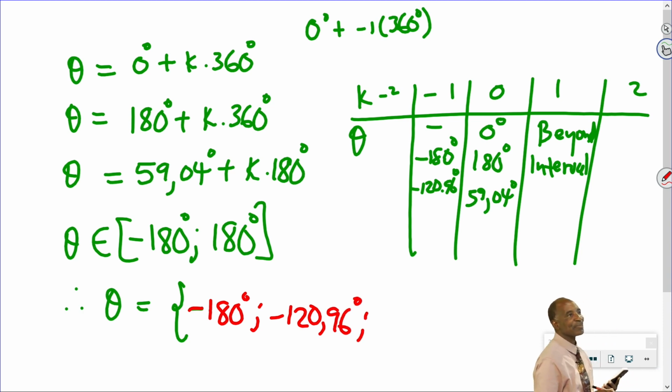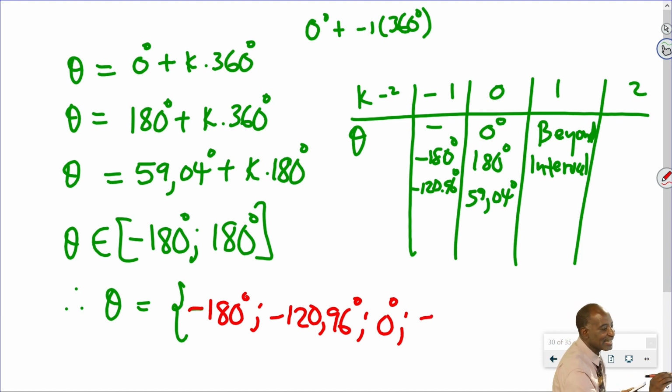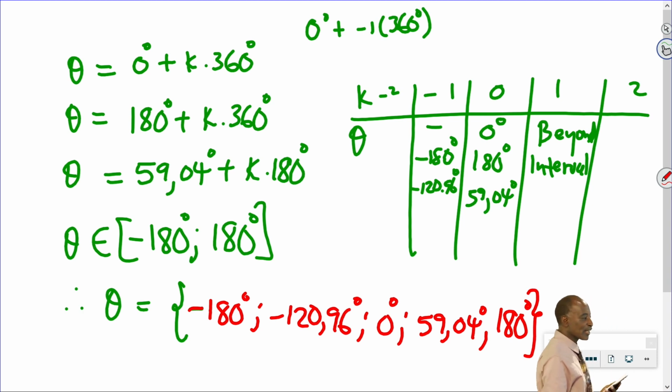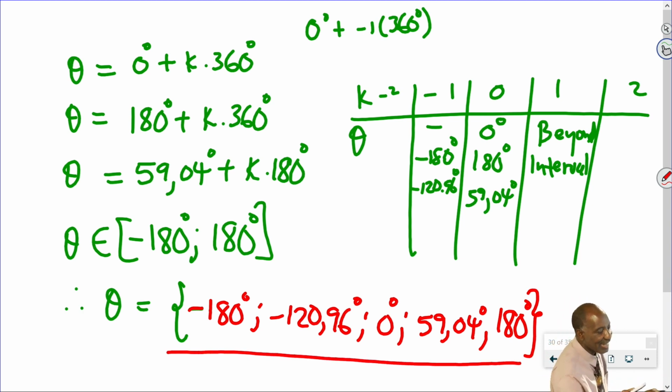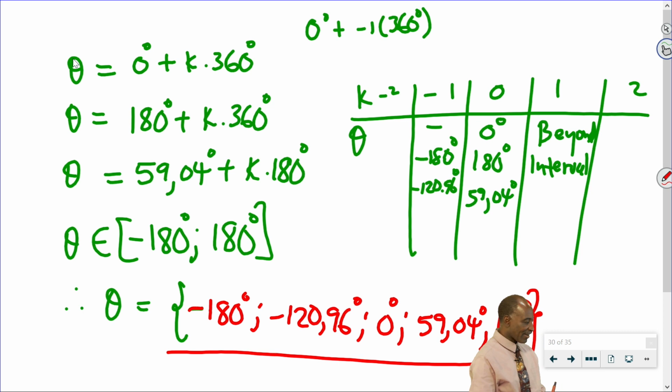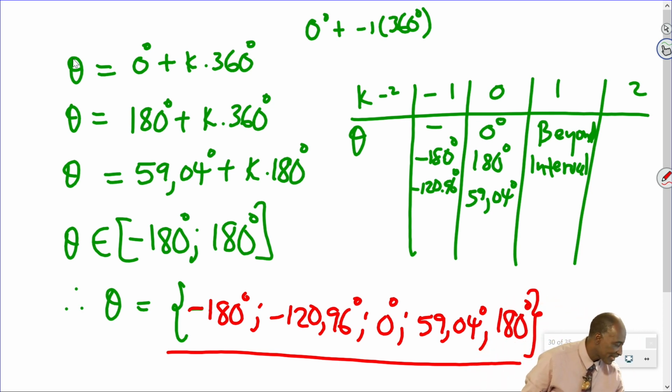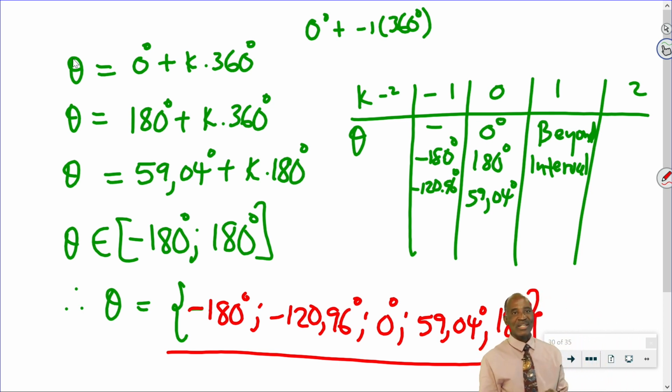I see 0 degrees is in. Then I see 59.04 degrees is in, and finally 180 degrees is also in. So these are the only angles that are in our interval that satisfy our given equation.